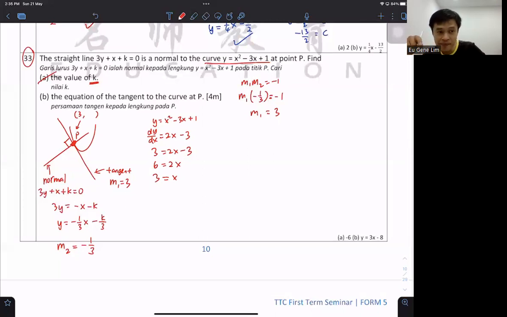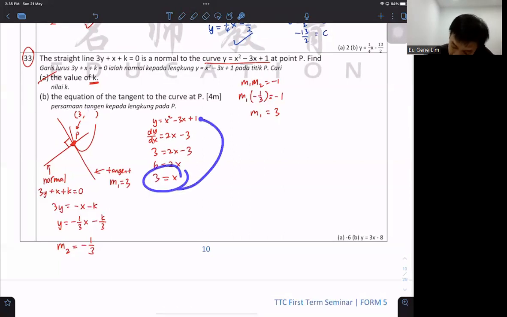Of that point P. So now you cannot find K first. You still need to find out the y. Without the y still cannot. With the x not enough, you also need y. So how to find the y? Take the x equals 3, sub back into the curve.